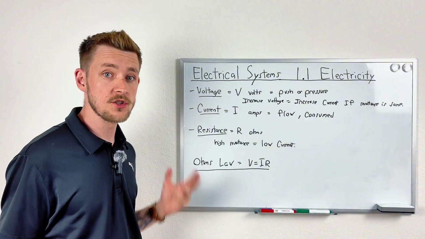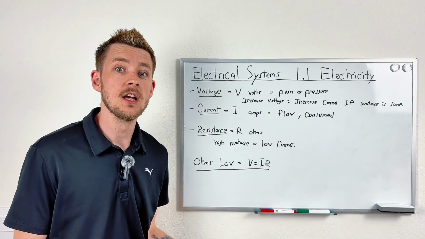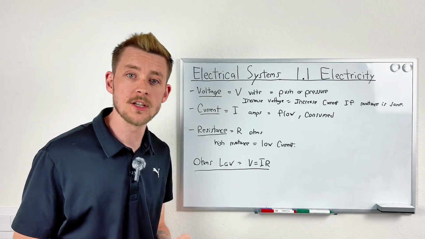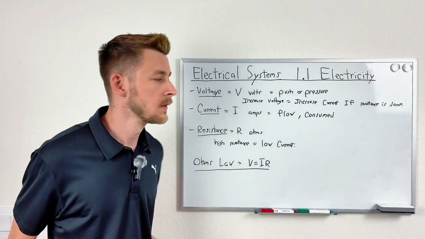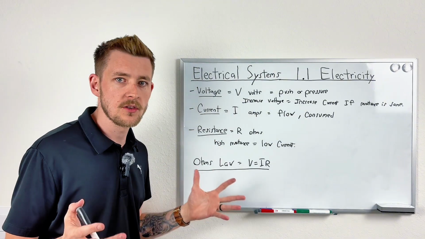So if we know our voltage and our current, we would plug that in, and now we know what our resistance is. If we know what our resistance and our current is, then we can find out what our voltage is. So this tells us everything we need to know about that circuit. Very important to understand the basics of this. So again, it's very simple when you think about it in that way.